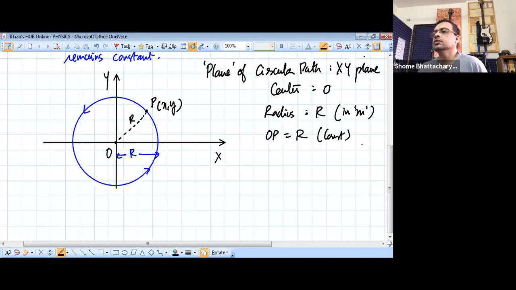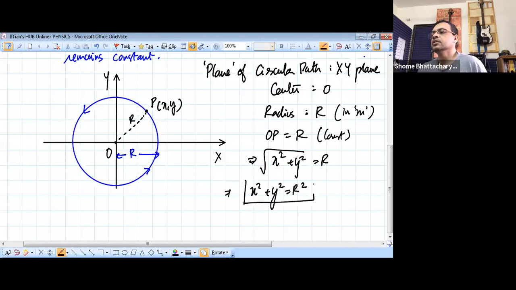In other words, coordinate geometry wise, square root of x square plus y square will be equal to r, or we can say that x square plus y square is equal to r square. So this is what we call the equation of the circular path.